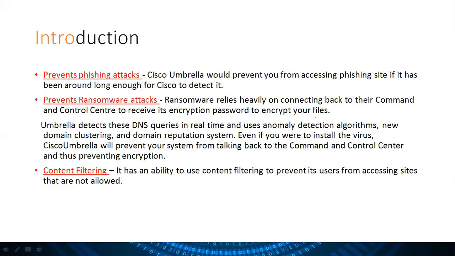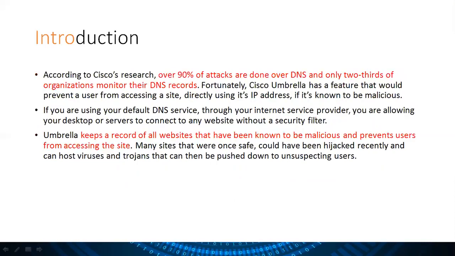So what's the advantage? That's the question that comes to our mind, right? Why should I go for Cisco Umbrella? Because it ensures that if a user tries to access any website, it's a first layer of defense, as per Cisco. A user tries to access a website, and based on my DNS server setting in my TCP/IP, it is going to resolve the address.